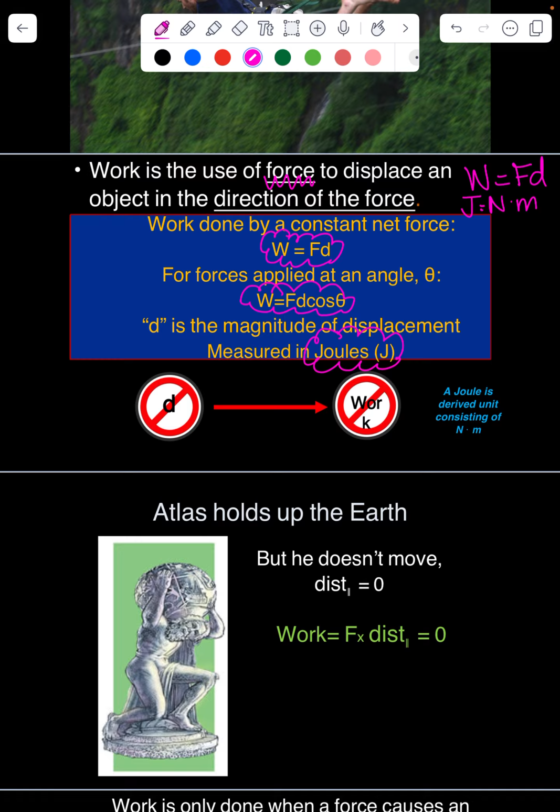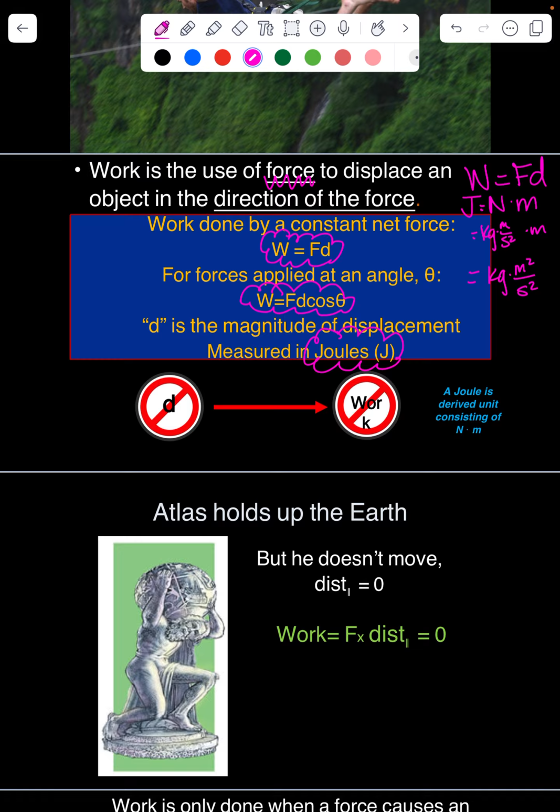If we wanted to break that down even further, that could be a kilogram meter per second squared meter, which could be broken down even further into a kilogram meter squared over second squared. So it can get pretty crazy. All I really want you to see is that a joule is going to be a derived unit, even though it's just one single letter.